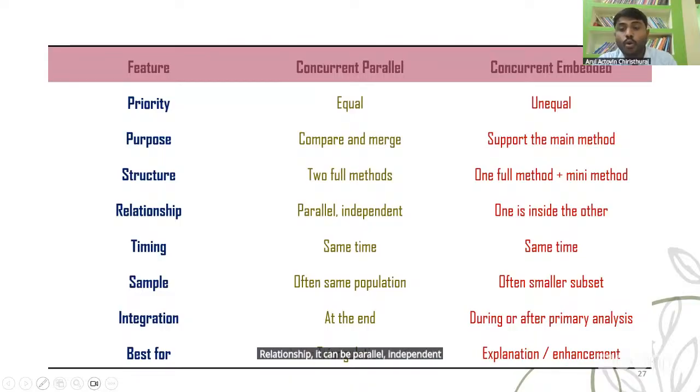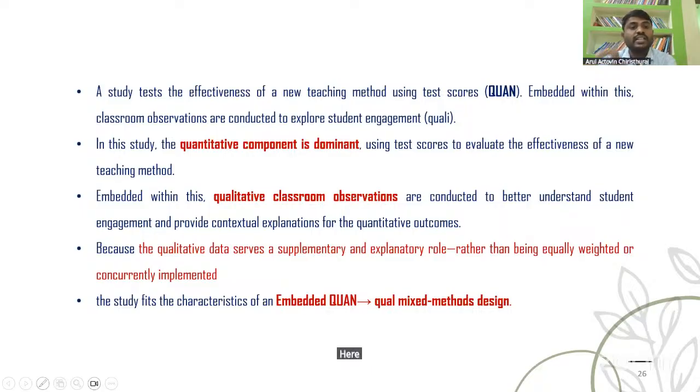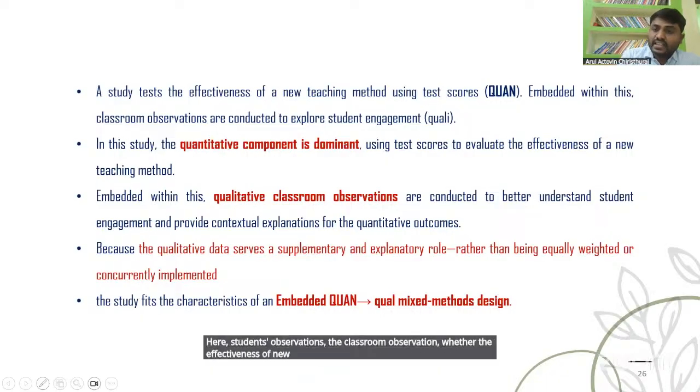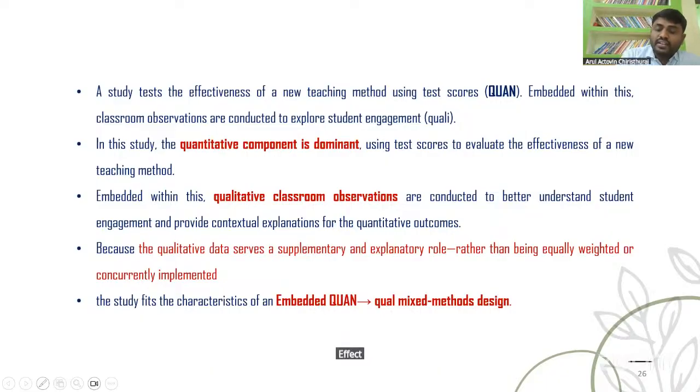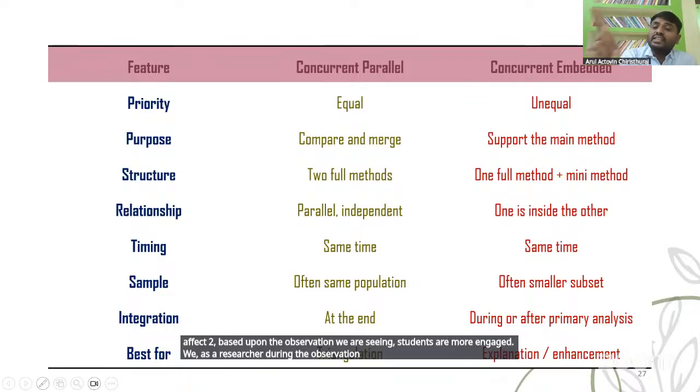For embedded, one is inside the other. Like the previous example, the classroom observation checks whether the new teaching method is effective. Based on the observation we are seeing, students are more engaged, as we, the researchers, observe. This is one reason we can give. For example, here one is inside the other.